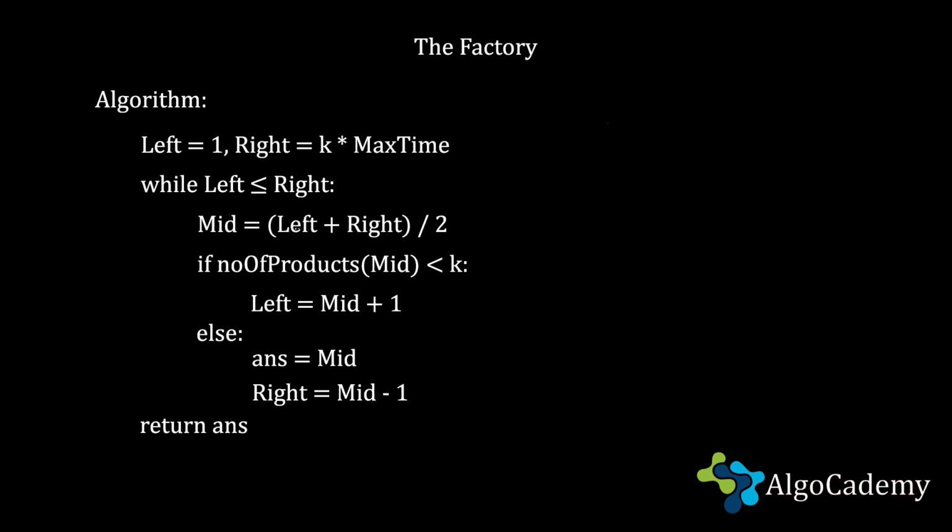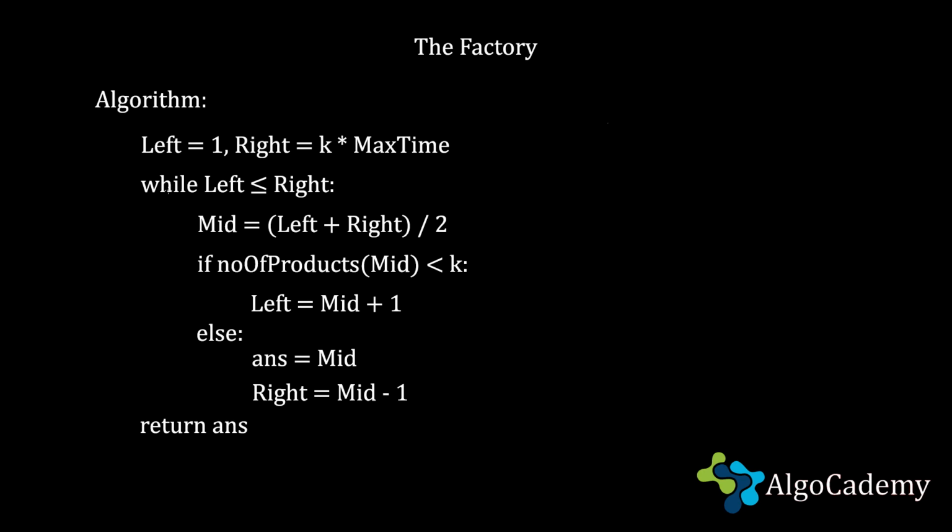Then I check how many products are made in that middle amount of time. If the number of products is less than k, then that amount of time, and also all the amounts of time less than it, are not good, so I set left to be equal to mid plus 1. At the next iteration of the while loop, I only look in the right half of the searching area.